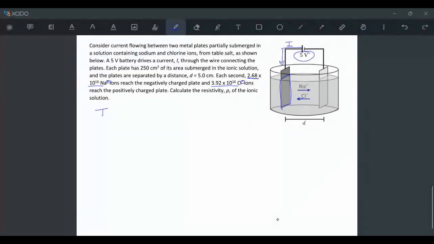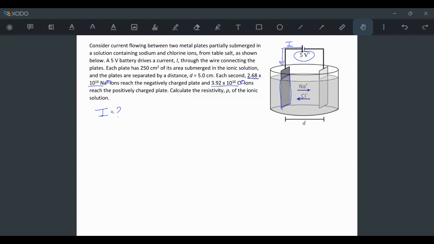So in the solution, we have a total current, which I'm just going to call capital I. That's going to be equal to some contribution. Actually, I don't want to write this out yet. We just want to find out what that is. There's a contribution being carried by the sodium ions, and there's a contribution being carried by the chloride ions.